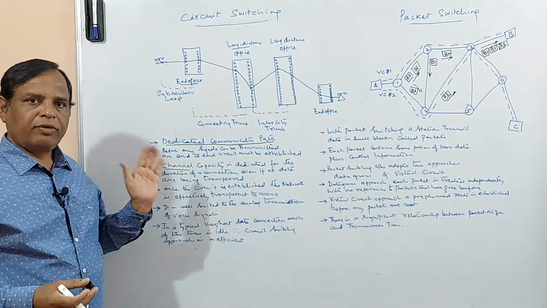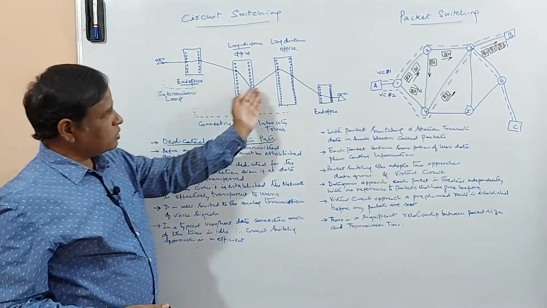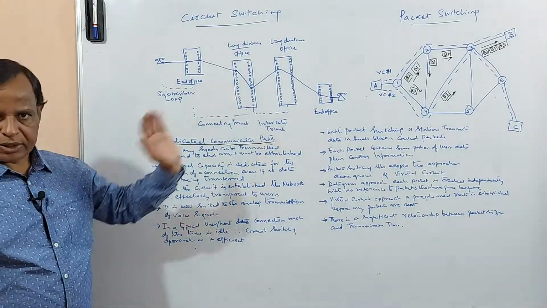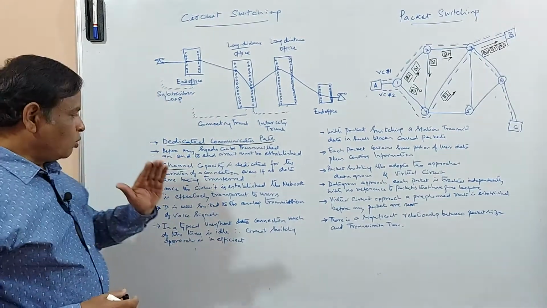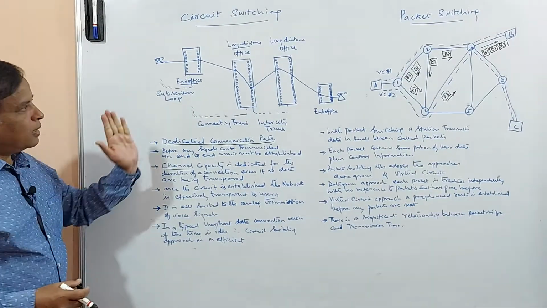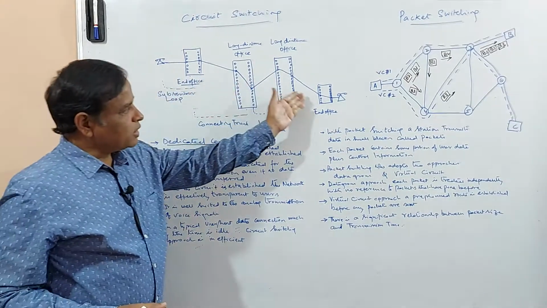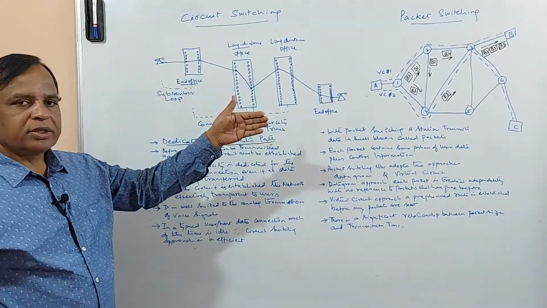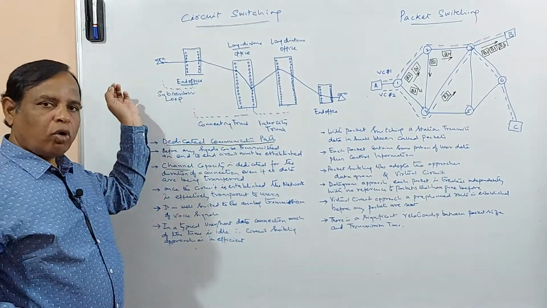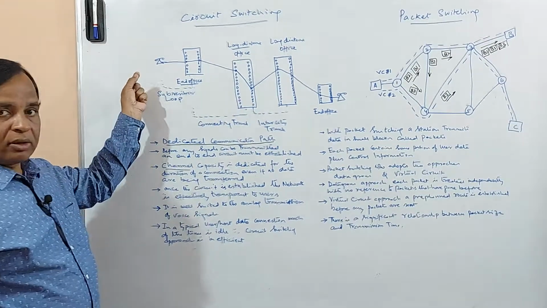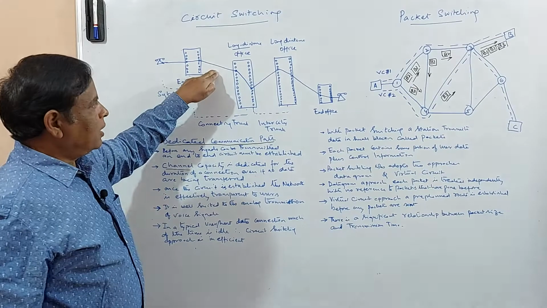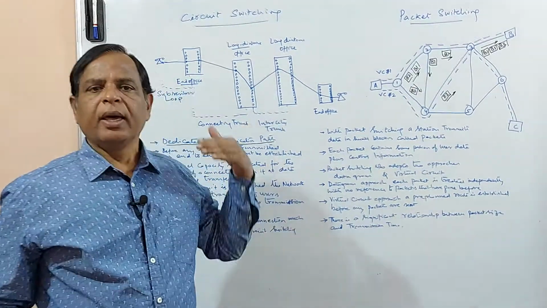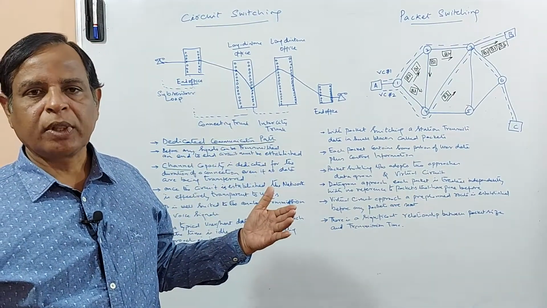Even if it is idle, this particular resource is allotted for this connection. So basically, the problem in circuit switching is that the path established is dedicated to this particular connection, and this resource cannot be used by any other user.